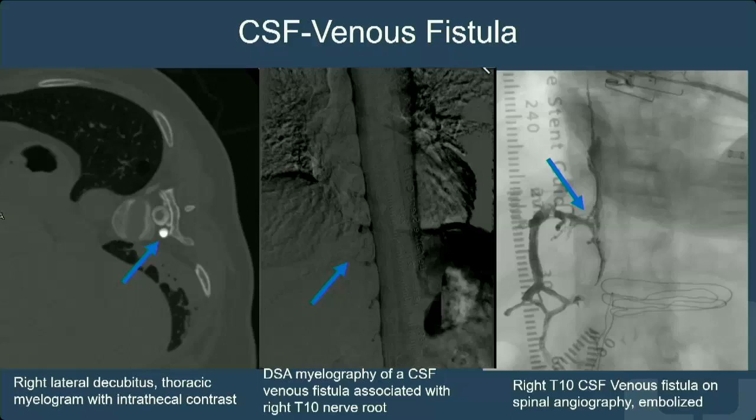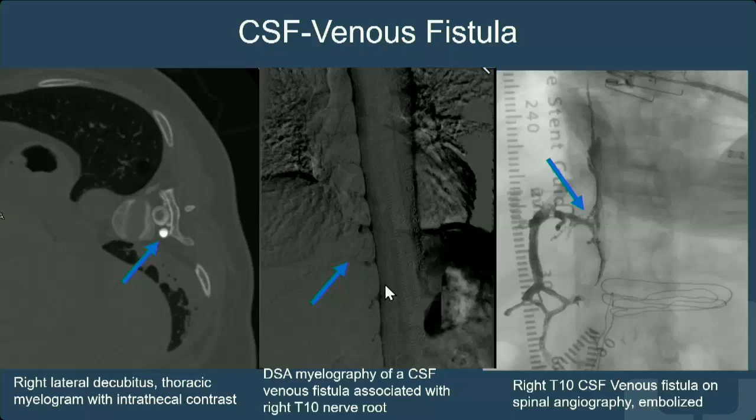But we were not able to catch the CSF venous fistula. So what we ended up doing was a DSA, digital subtraction angiography, myelography. So that's real time, you're imaging as the contrast goes through the thecal sac.